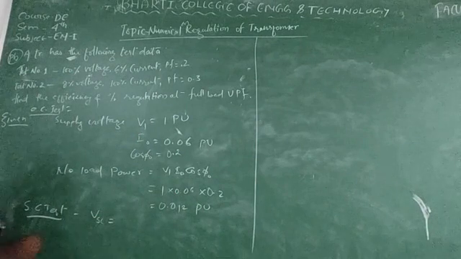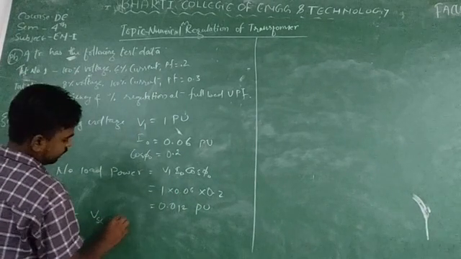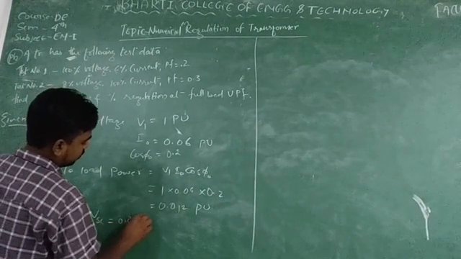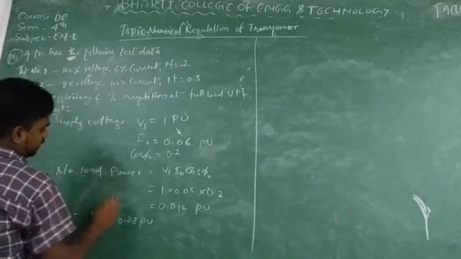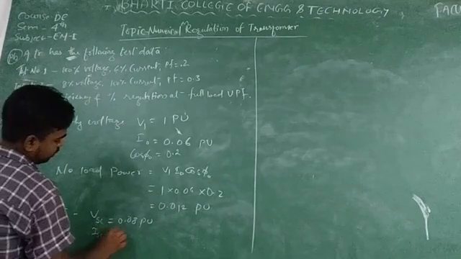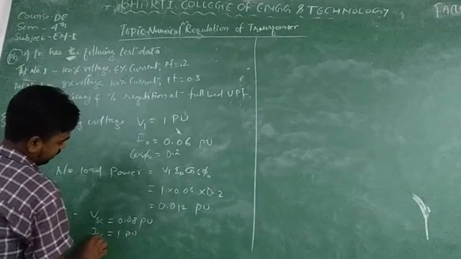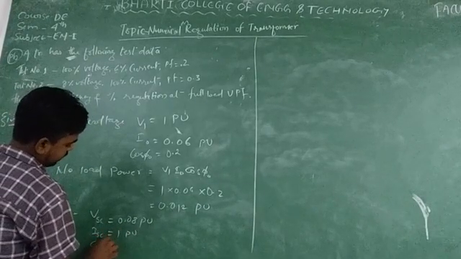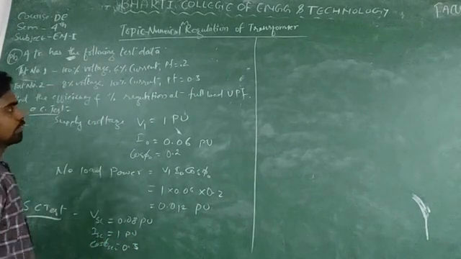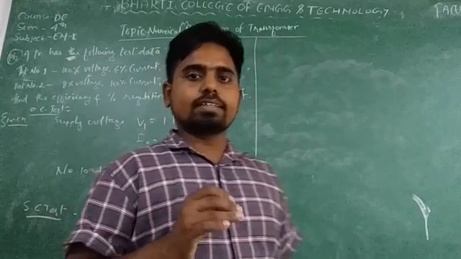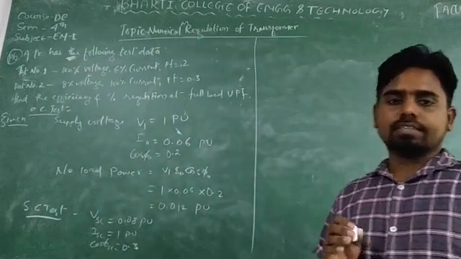VSC is 8% of the voltage, meaning 0.08 per unit, and ISC is 1 per unit, and the power factor cos phi SC is equal to 0.3. Okay, these are the data which are being given.